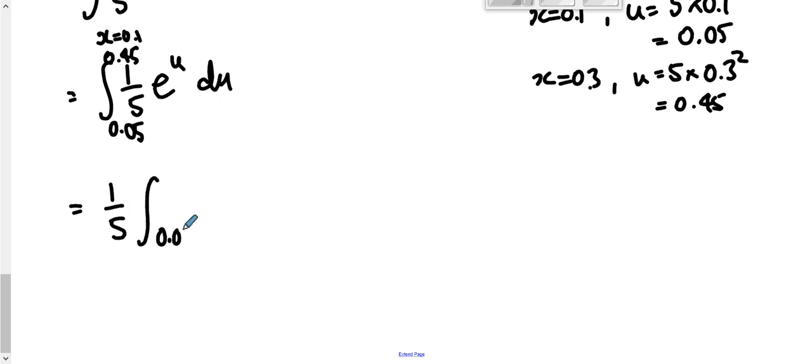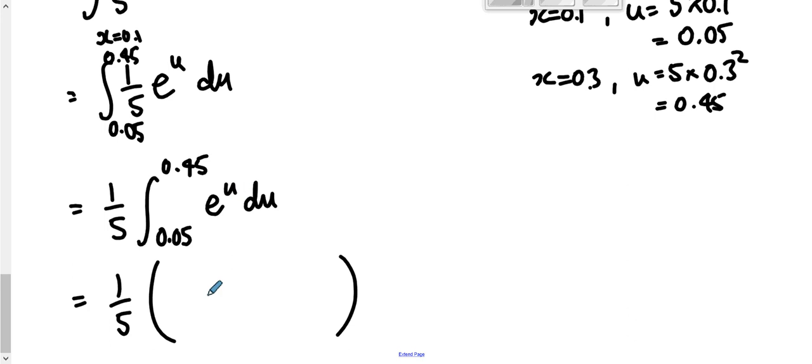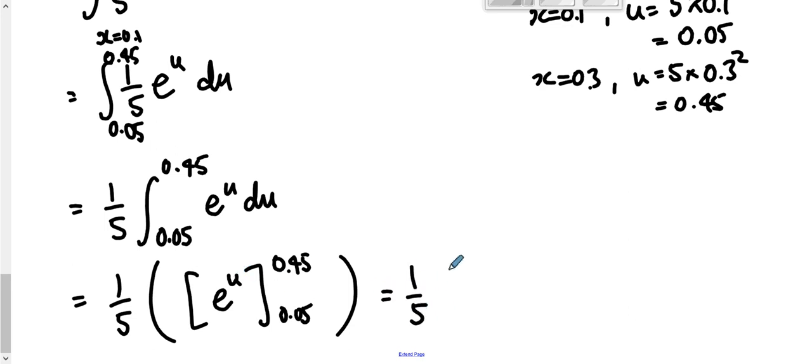Integral 0.05 to 0.45 of e to the u du. Then that's 1/5 of this thing here. So e to the u from 0.05 to 0.45. So that is 1/5 of e to the 0.45 minus e to the 0.05.